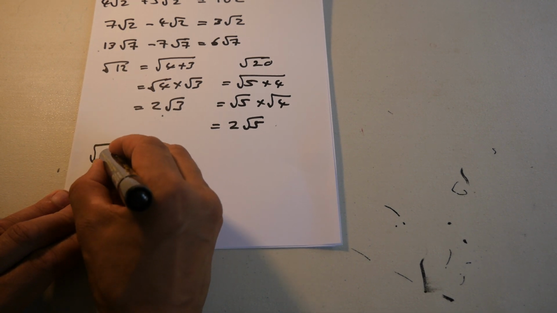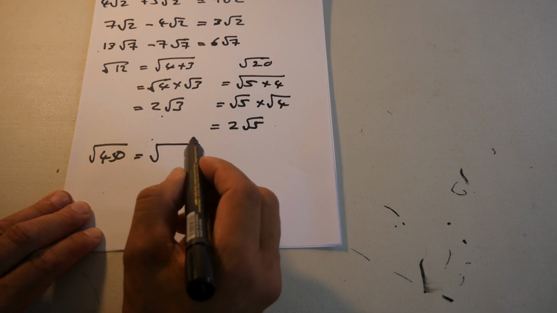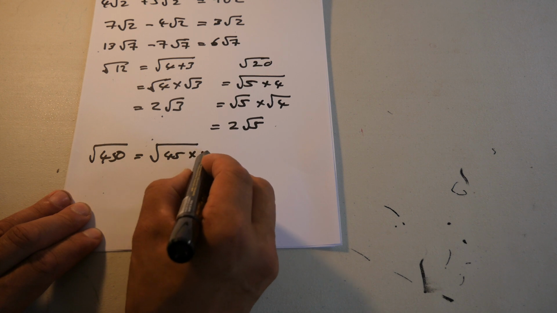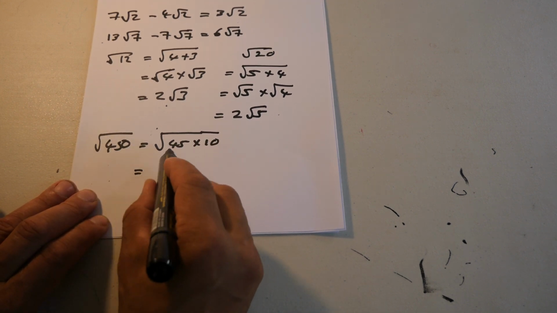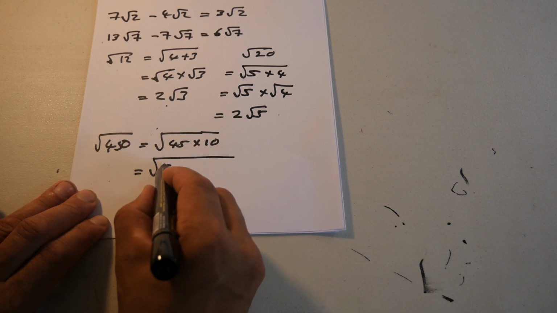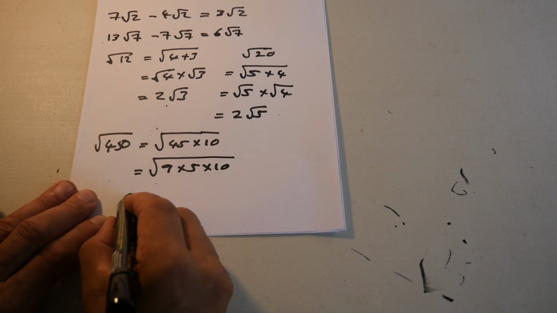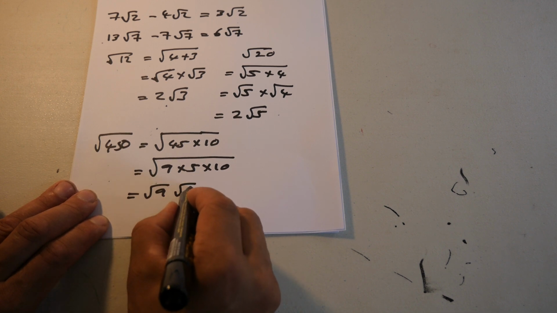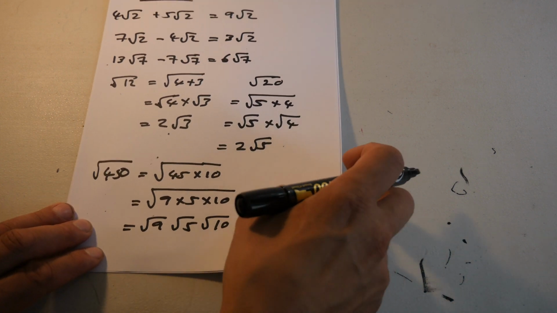Square root of 450 equals the square root of 45 times 10, okay, which equals the square root of, 45 is also 9 times 5, okay, 9 times 5 times 10, which is equal to the square root of 9 times the square root of 5 times the square root of 10, okay.